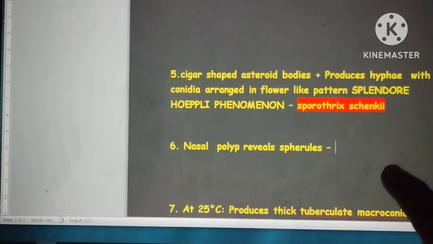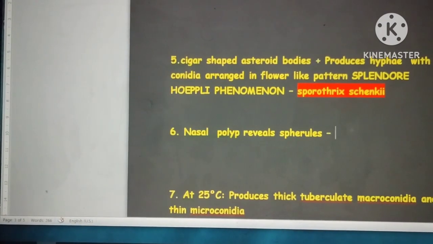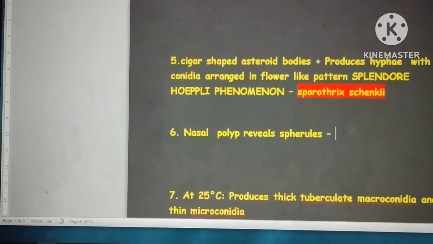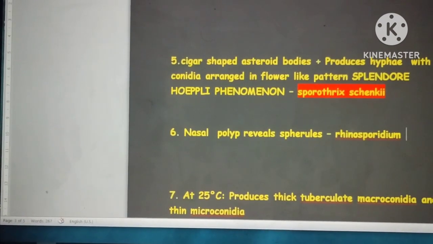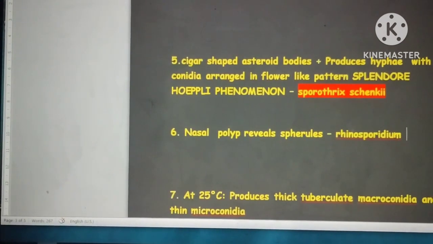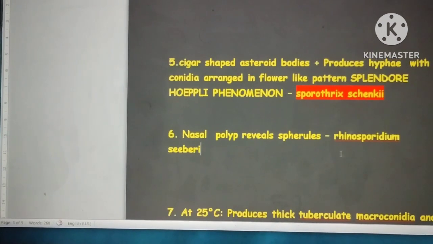So again, there will be a history of a nasal polyp which usually reveals spherules. So here the answer is, always remember, there will be a history of bathing in a swimming pool or bathing in a contaminated pond. Okay, so then the answer will be Rhinosporidium seeberi.